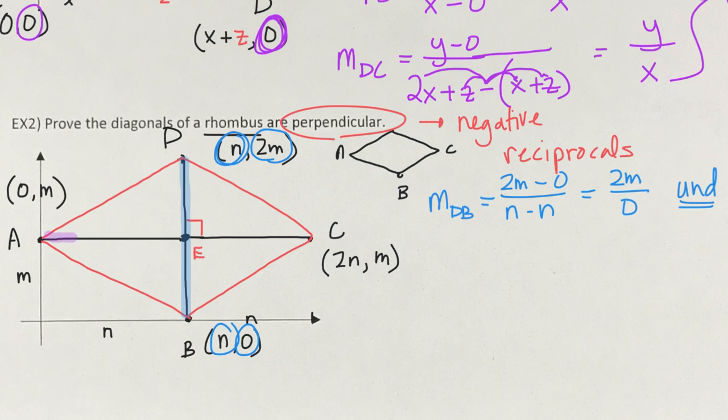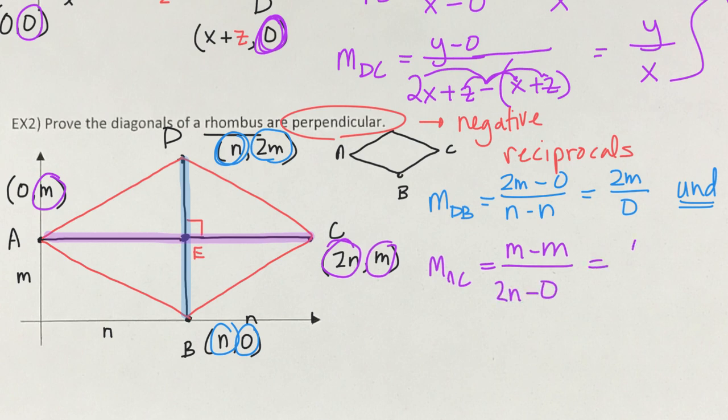And now let's do the same thing for our other diagonal, AC. The slope from A to C is once again y minus y, which is m minus m, divided by 2n minus 0, which is 0 over 2n, which comes out to be 0.